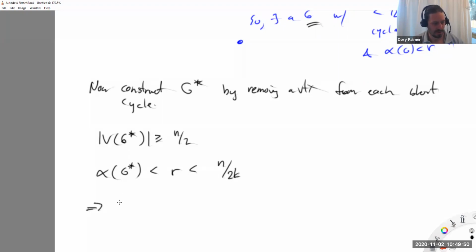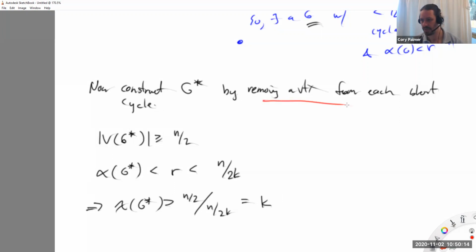And therefore, the chromatic number of G star is greater than the number of vertices of G star, which is n over 2, divided by the independence number, which is n over 2k at least. And this comes out to be k. Okay, and so now look at G star. G star has no short cycles.